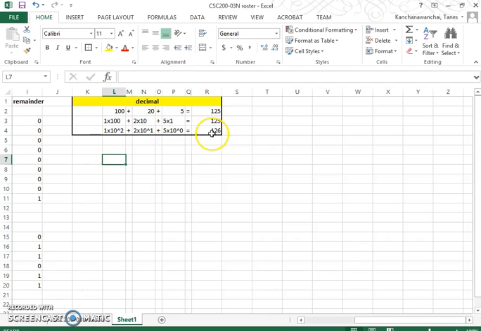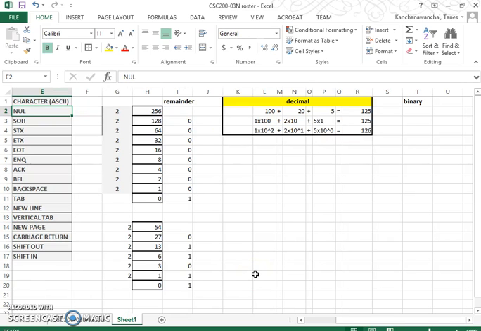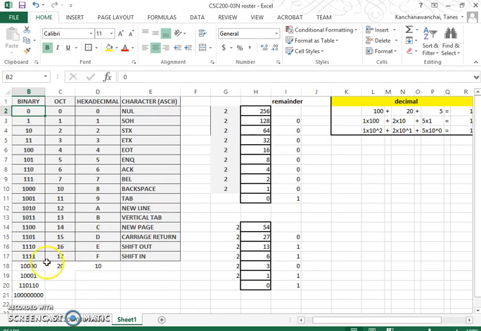So that means if I'm talking about binary, let's compare that. What we're learning here is how to convert binary back to decimal, right? So we have a binary number.